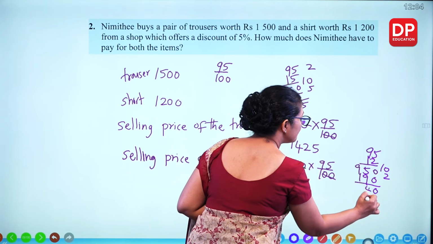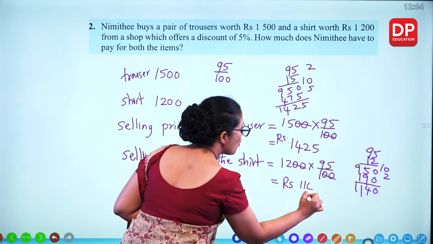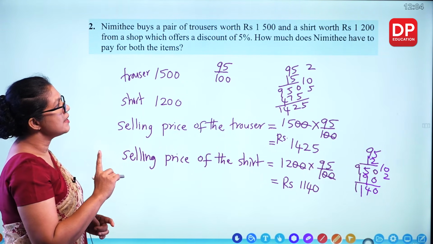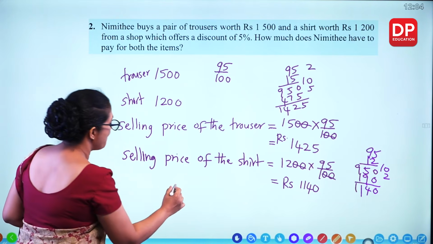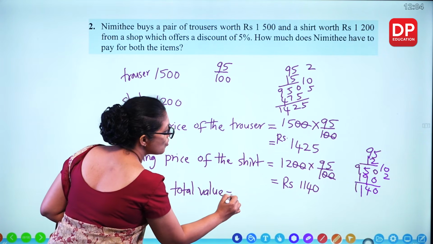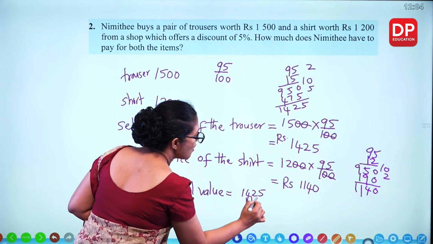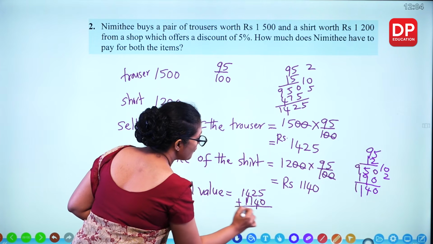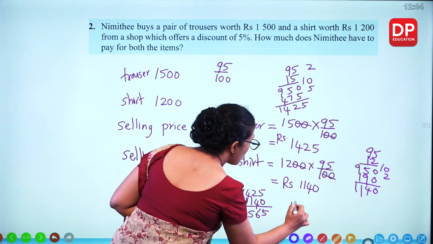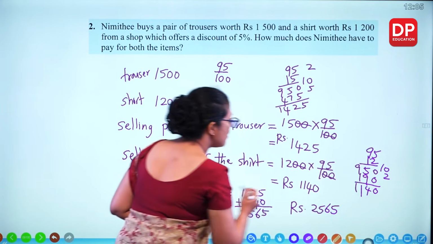You get 1,140. So what's the total amount that Nimiti has to pay? Total value is, you can add these two, 1,425 plus 1,140. When you add it, you are getting 2,565 rupees.